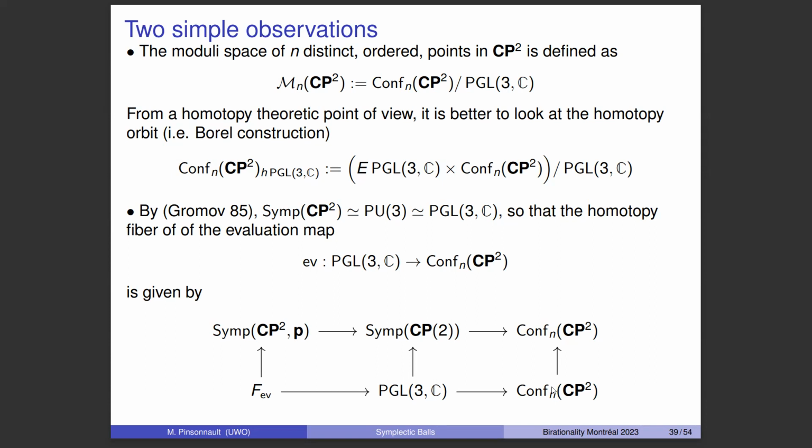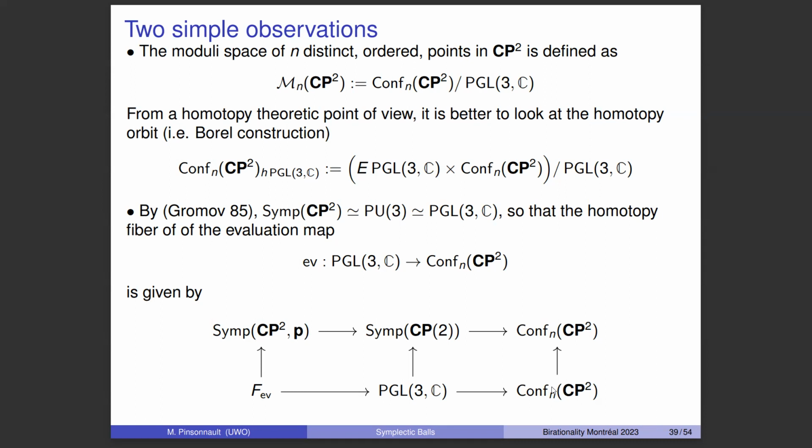Now, in the case of CP2, there is a remarkable result of Gromov saying that the symplectomorphism group of CP2 is nothing else than PU3, which is homotopy equivalent in a natural way to PGL3C, the automorphism group of CP2. If you look at the evaluation map, how PGL3 acts on configurations of endpoints, from a homotopy point of view you are only interested in computing the homotopy fiber of this map.